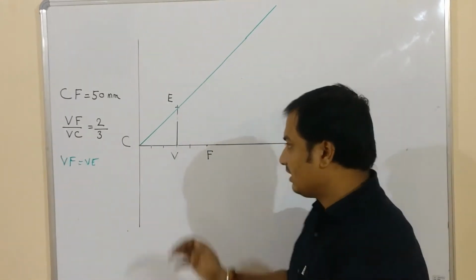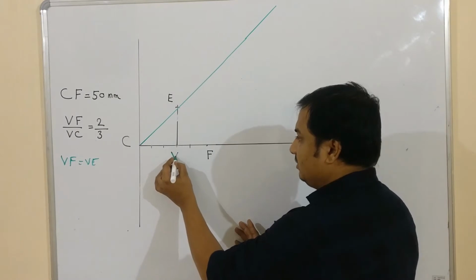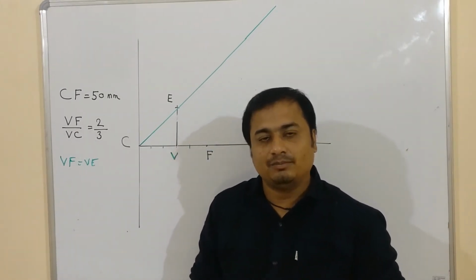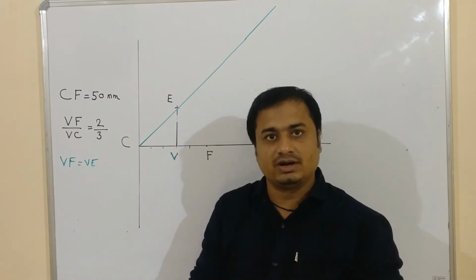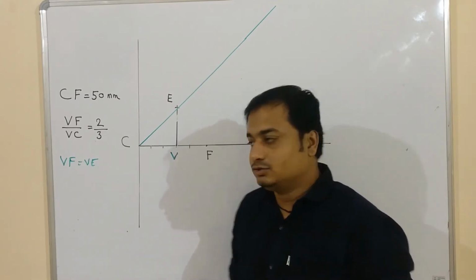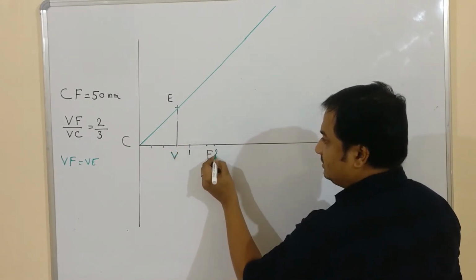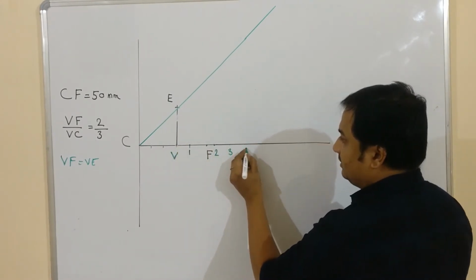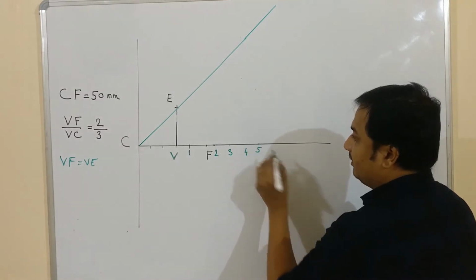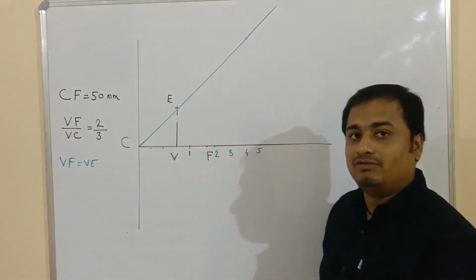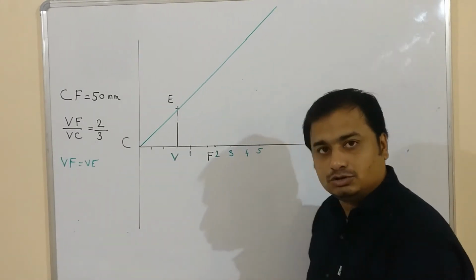Next step: on the right side of V, you have to take any number of points, which can be at equal distance or selected randomly. Suppose I have taken this point as 1, then 2, 3, this is 4 and this is 5. So I have taken 5 points randomly on the right side of V. We can take them at equal distance also.